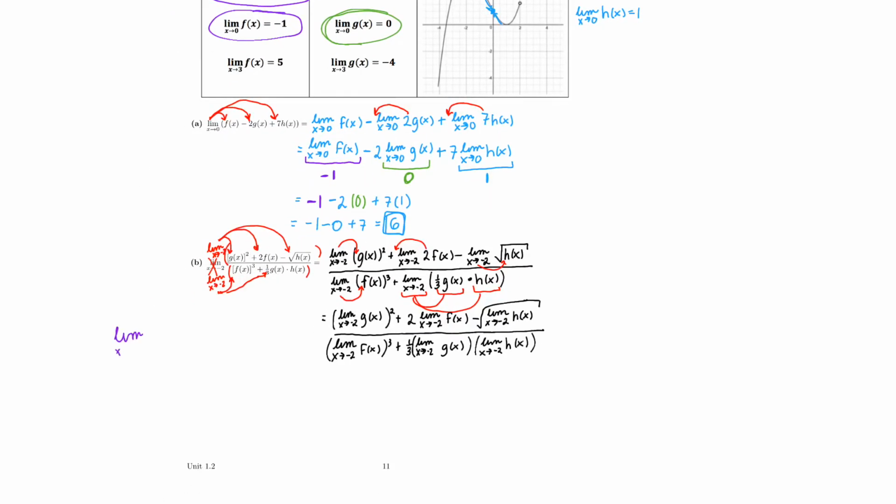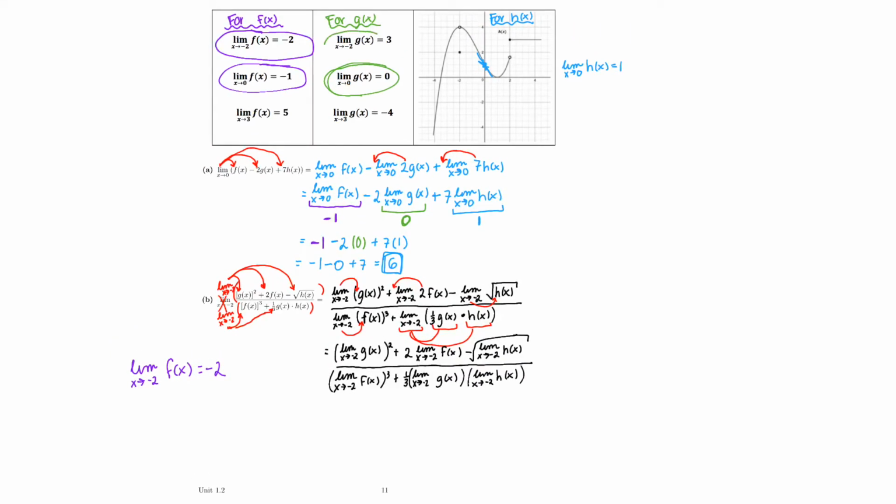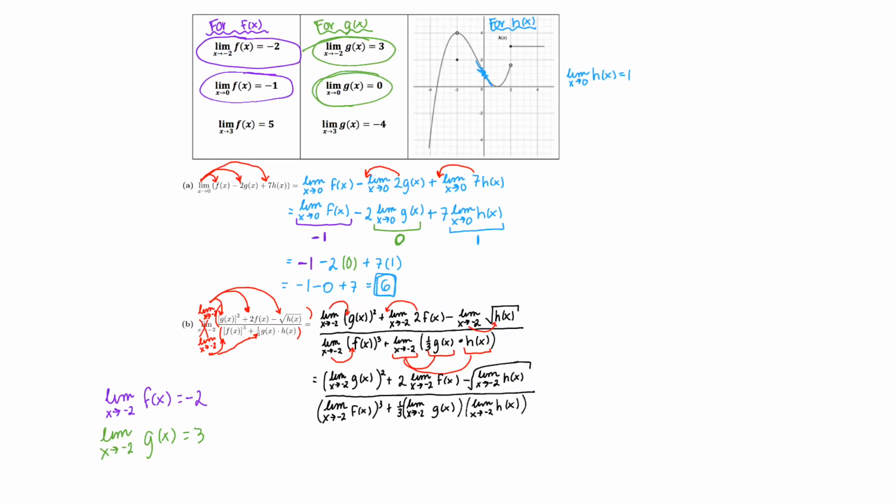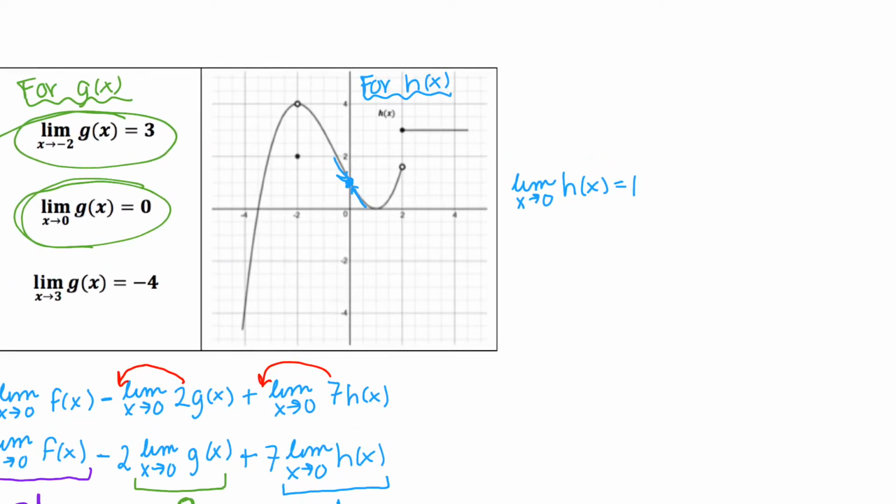The limit as x approaches -2 of f of x is equal to -2. For g of x, it's 3. And then approaching -2 from the left and from the right, both ways it appears to approach 4.